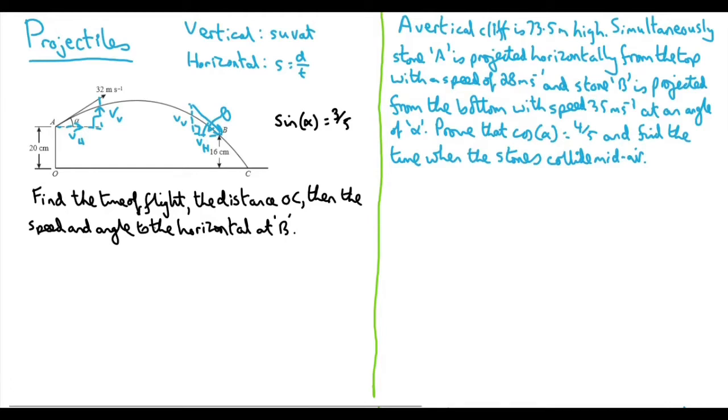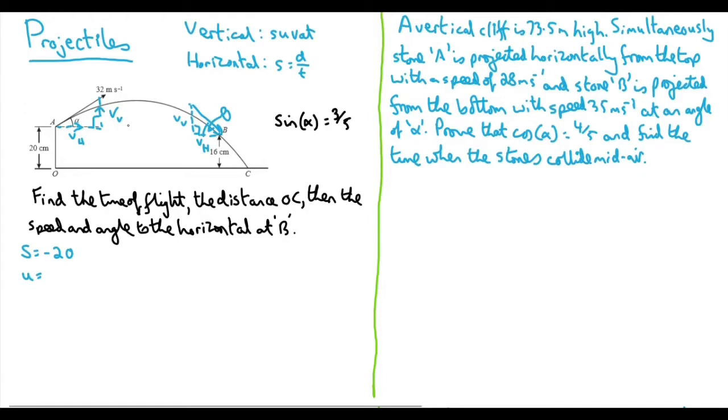If we had tried to do the horizontal, while we know this initial horizontal speed, we don't know the time, and we also don't know yet what this distance OC is. We're going to be working that out next. So, yes, we're going to look in the vertical direction. We can say, okay, so your S will be the -20, your U here.